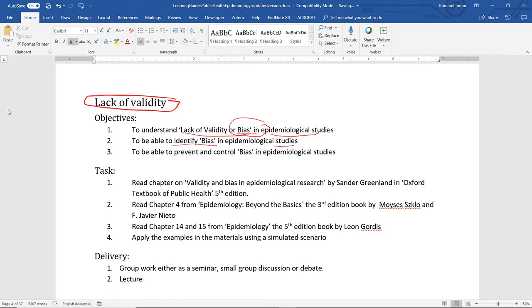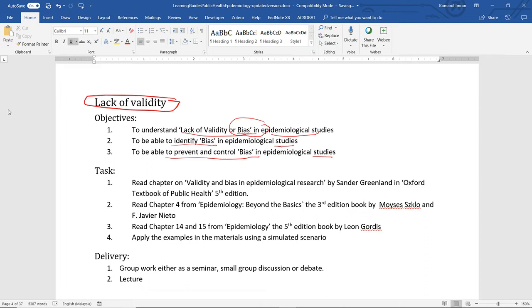You have to be able to identify different types of biases. And not just that, you need to be able to prevent and control biases in epidemiological studies. It means that you should be able to give advice and guidance on how to prevent and control bias in studies.